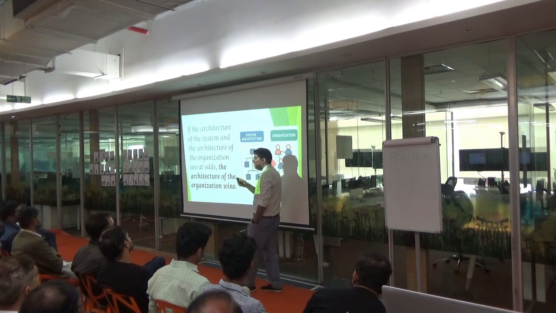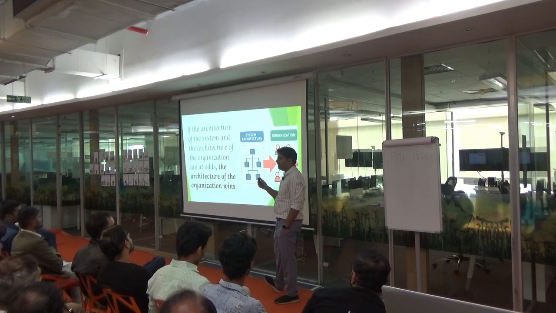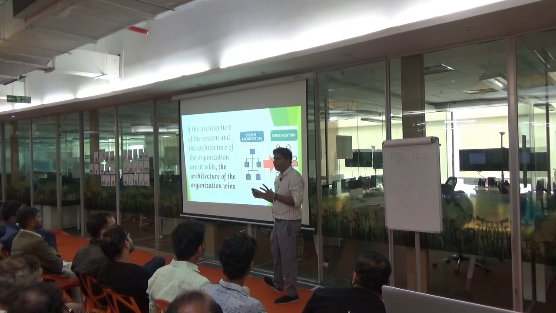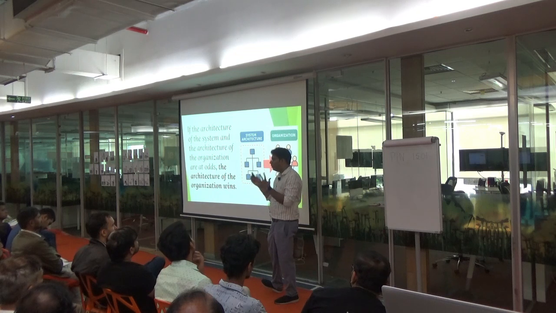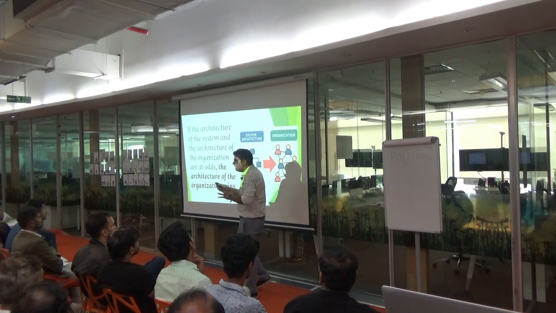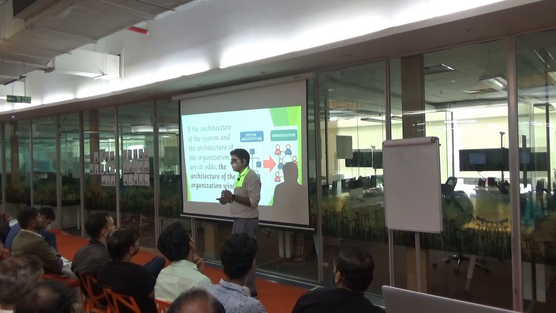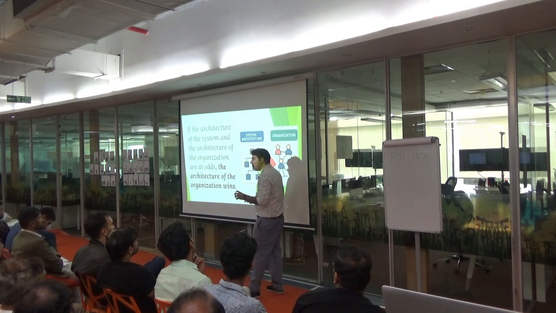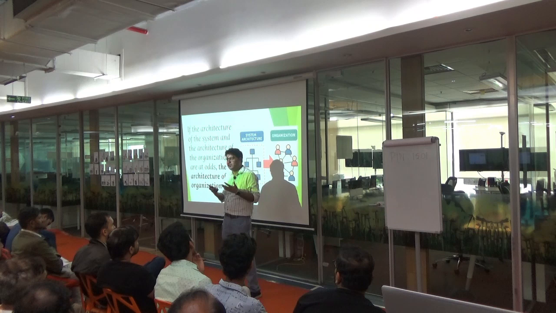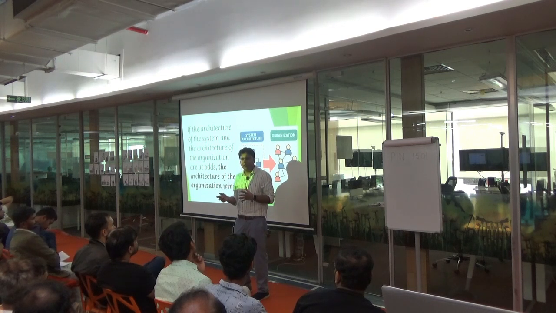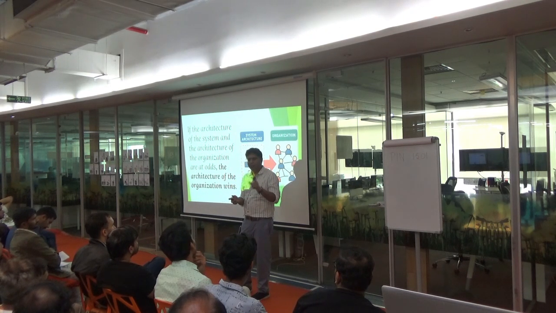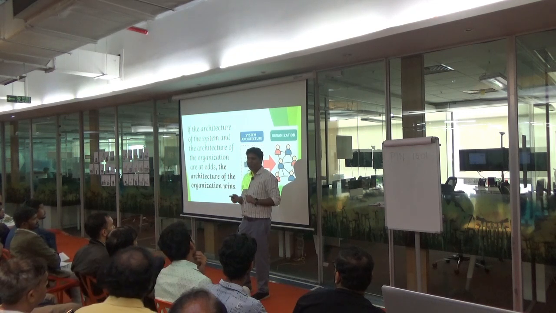So let's say you are a very nice software architect, very experienced, and you build a very nice distributed architecture with full domain-driven design, very little coupling between the microservices. But if you have a central database team and a central front-end team, no matter that your architecture is built in a modular way, the organization architecture will triumph over your individual architecture.